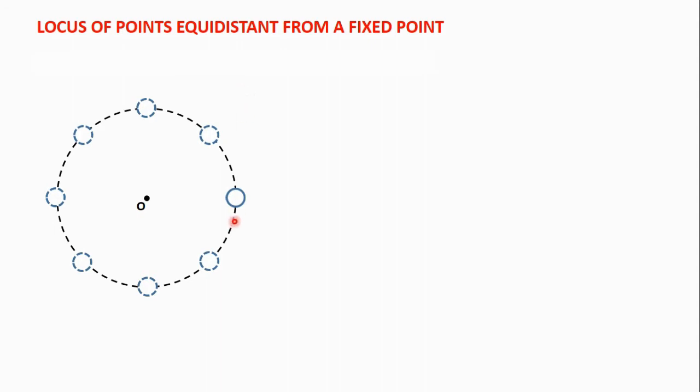So here, the path that the ring creates as it moves from one position to another position under the condition that the distance between the ring and the fixed point should be the same is known as the locus of the ring. And as you can clearly see, the locus of the ring is a circle.